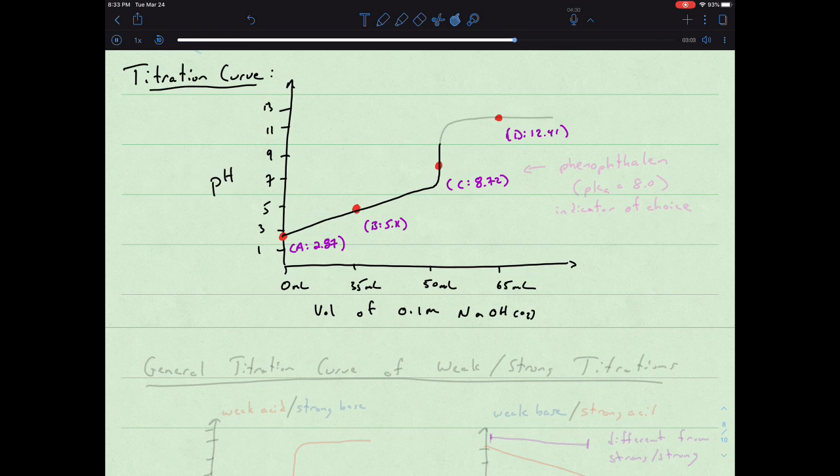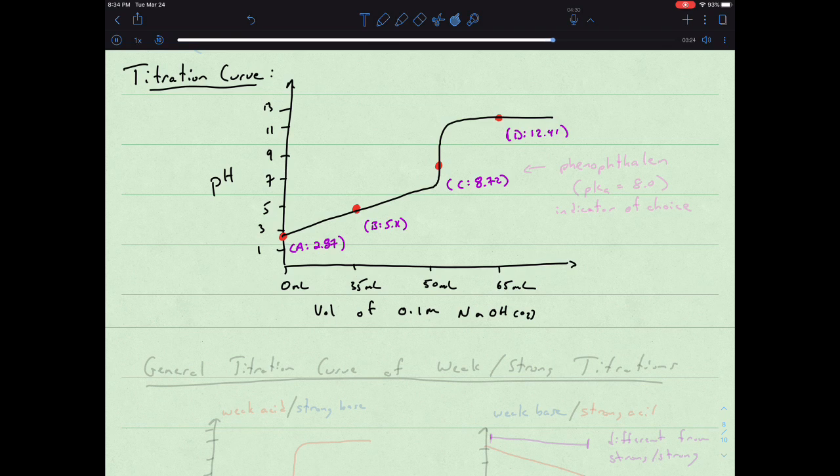And then once we're past, we immediately go up and flatten out. There we go. So that's how the titration curve for a weak acid titrated by a strong base would look.